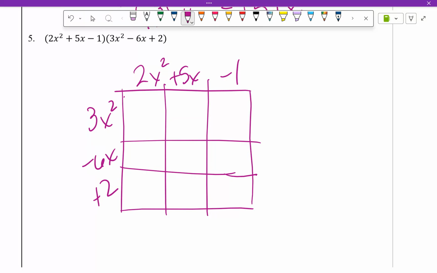Be like 15, 20 more seconds. I still see a few people working on it. Okay, if you're done, take the opportunity to compare with somebody. Make sure you're the same. Watch your signs. It's really easy to mess up the signs.